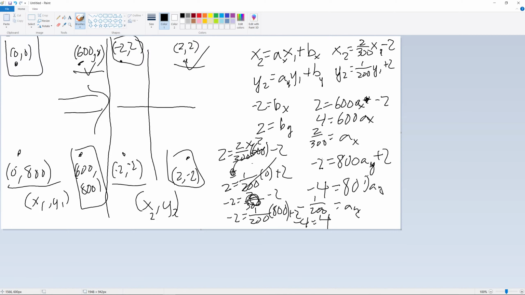Let's double check. Going all the way back to using these two.